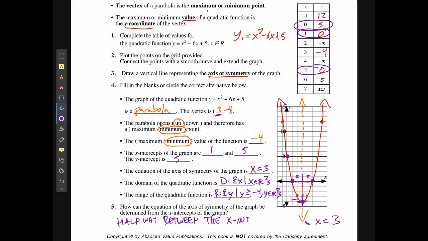I can always solve for the halfway point of anything by saying that it's going to be 1 plus 5 divided by 2, or the x-intercept plus the other x-intercept divided by 2.